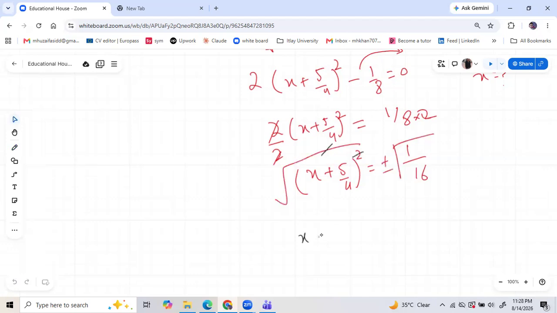Okay, so this is your x plus 5 over 4 is equal to plus minus 1 over 4.